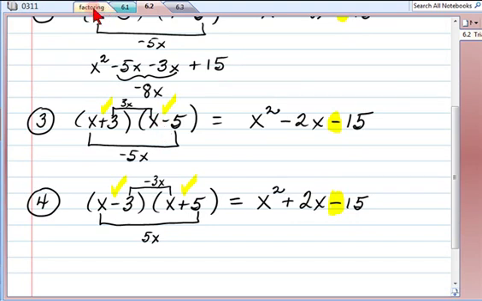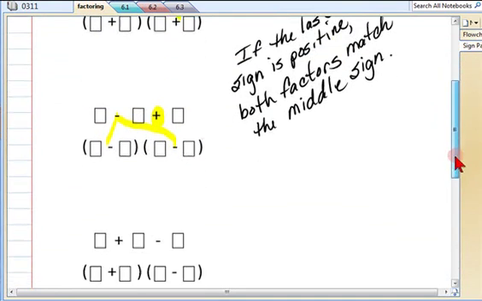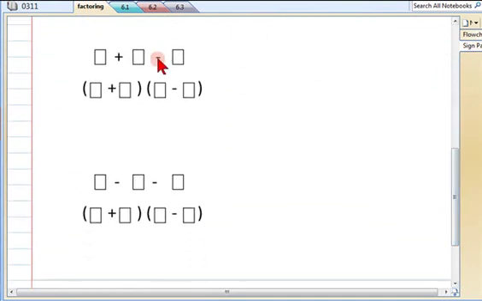So if I went back to the sign patterns, if the last sign is negative, then you always get a plus and a minus. It didn't matter what the middle term was. You get a plus and a minus.